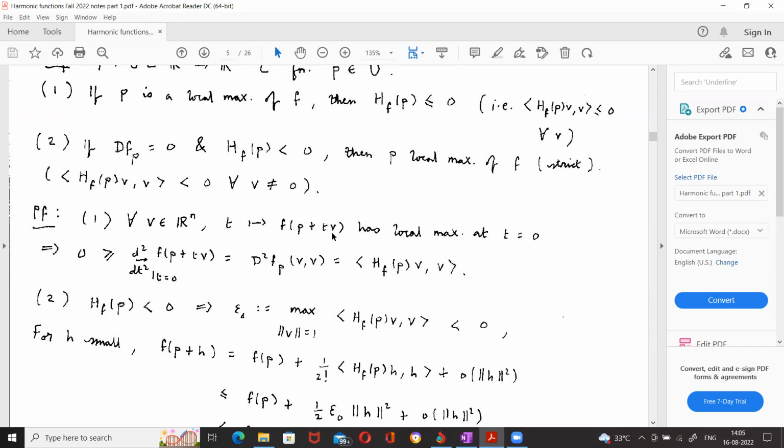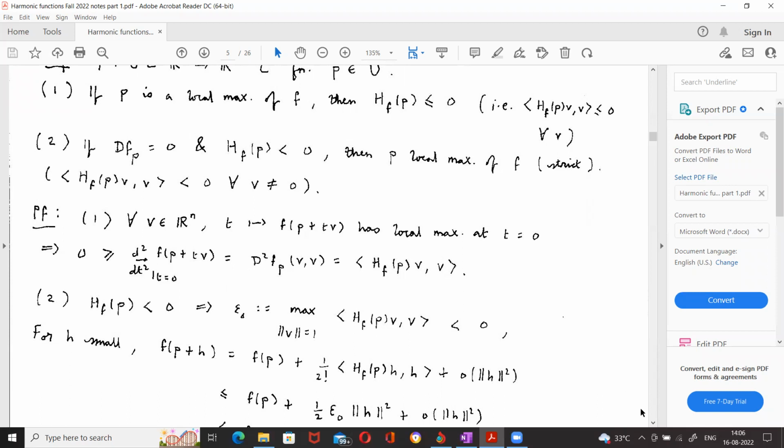So its second derivative has to be less than or equal to 0. So 0 is greater than or equal to d^2/dt^2 at t equal to 0 of f of p plus tv. This we know is the same as d^2 f at p of v comma v, which is the same as the inner product of H f_p v comma v. This is true for all vectors v. So the Hessian is negative semi-definite.